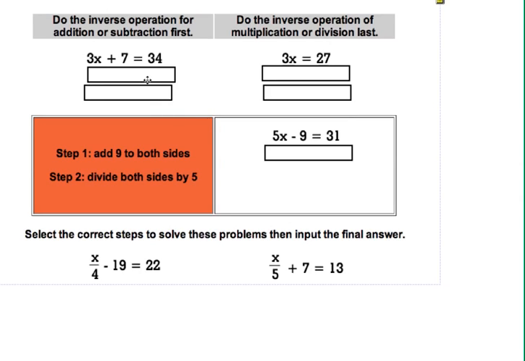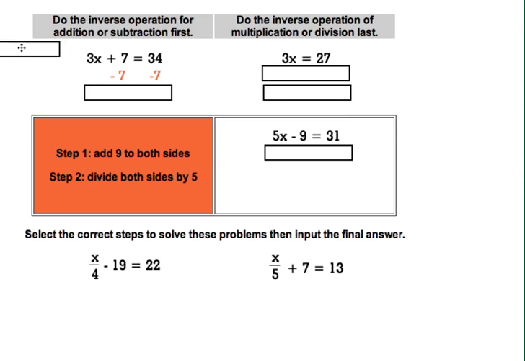In these situations, we have more than one step. Here, we're going to have to do the inverses, and we either add or subtract first, and then we multiply or divide. So here we see 3x plus 7, so we want to get rid of the plus 7. So we subtract 7 from both sides.